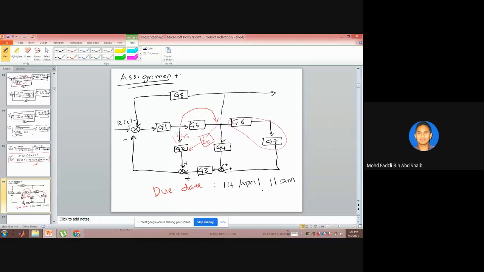If you do not submit it, it will disappear and you get 0 mark in the assignment part.